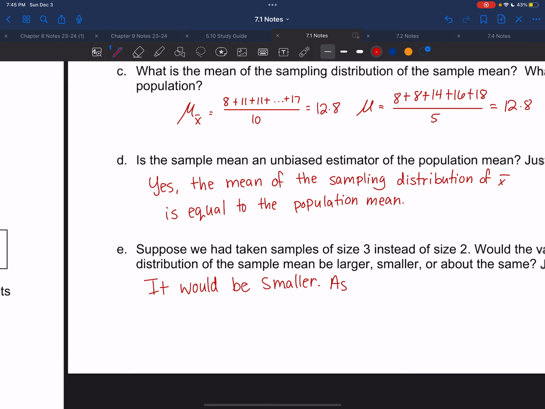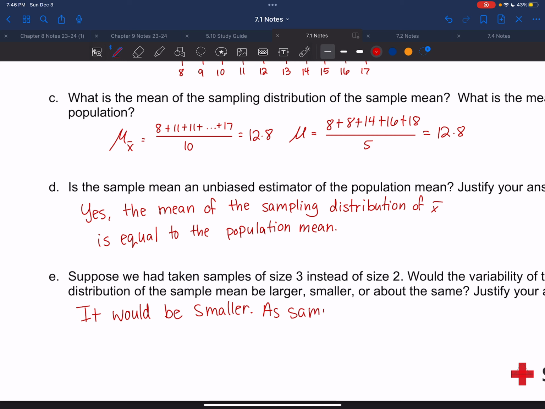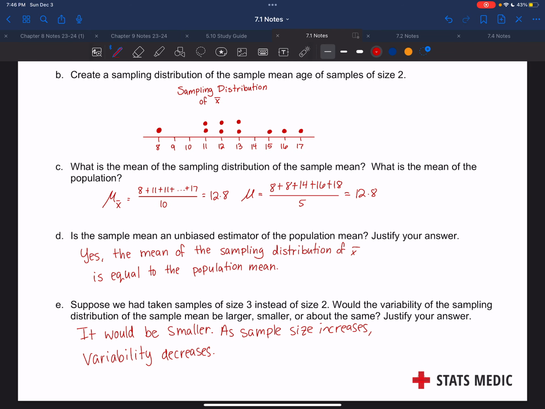As sample size increases, variability decreases. Okay, so if we took samples of size 3, this graph would probably be a little bit more clustered together than it is with the size 2.